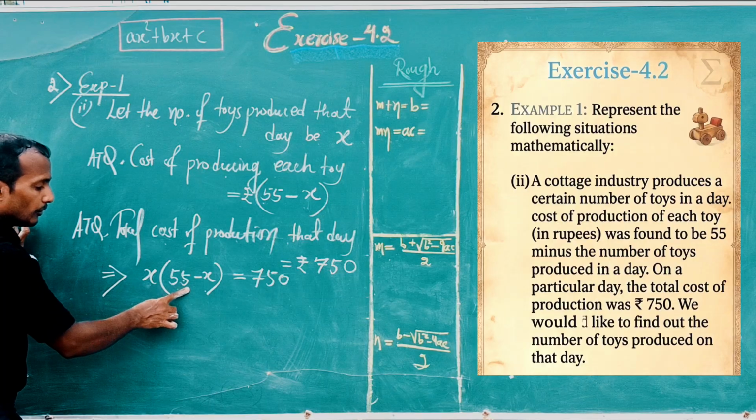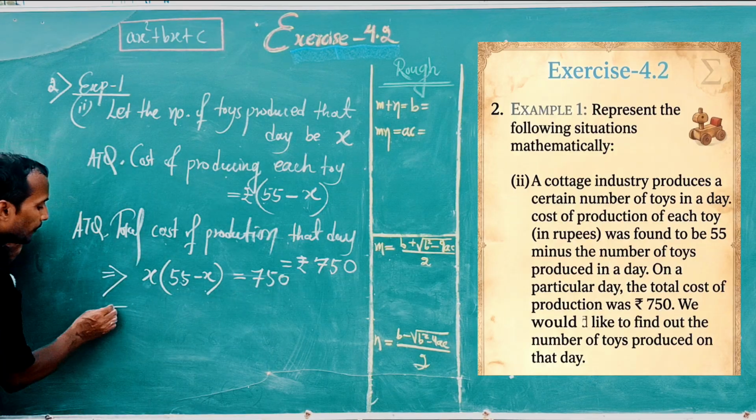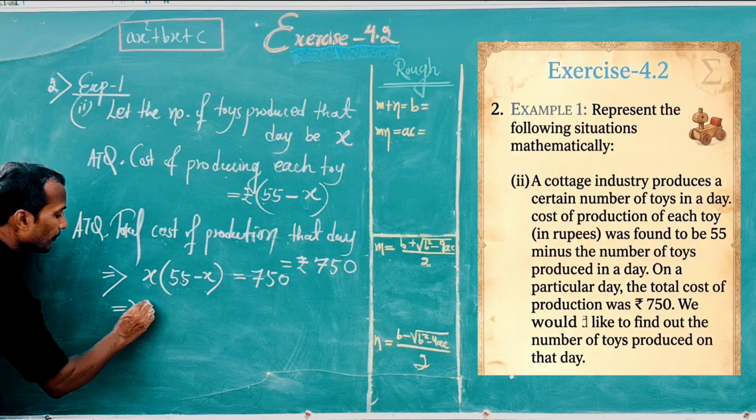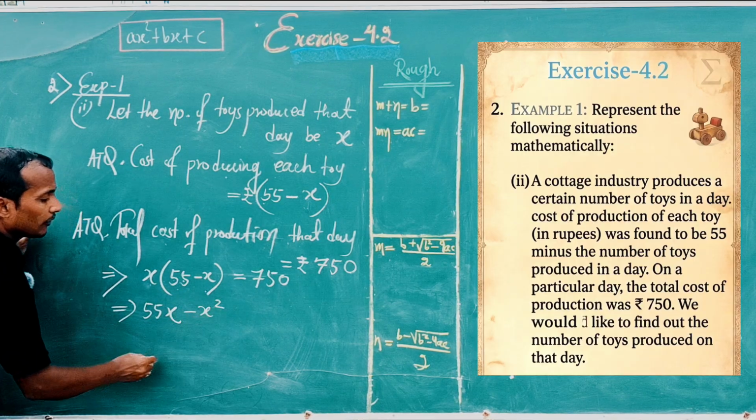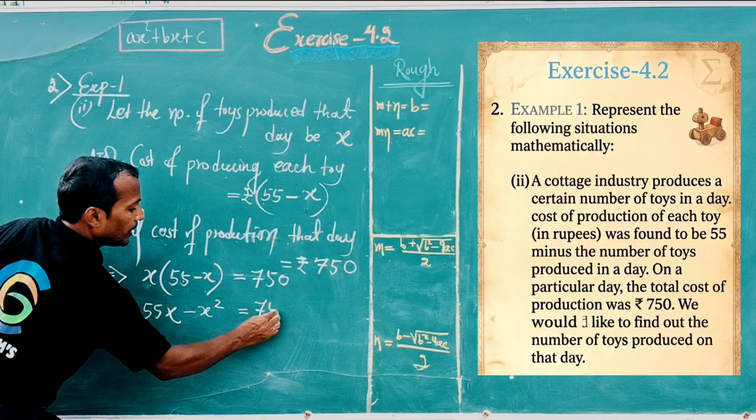So number of toys with cost gives you total cost. Now X into 55 is 55X. X into minus X is minus X square, and we have 750.